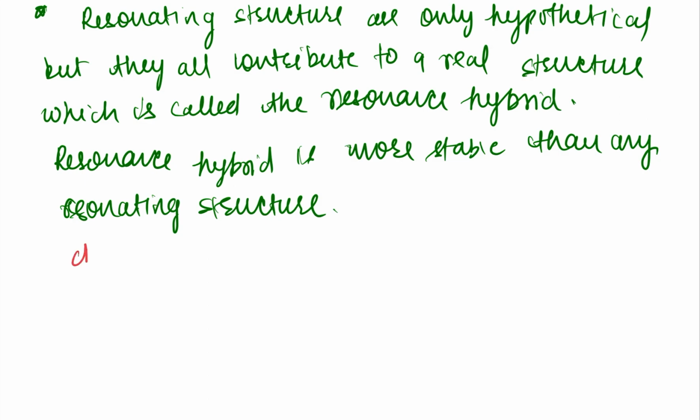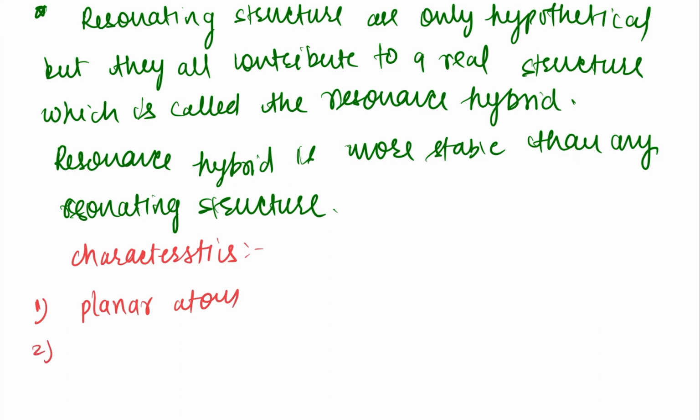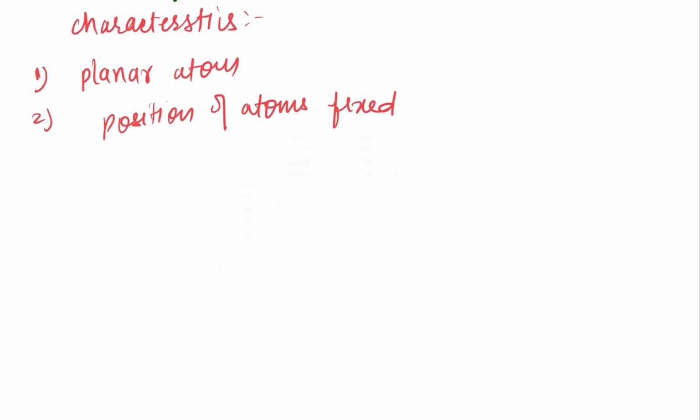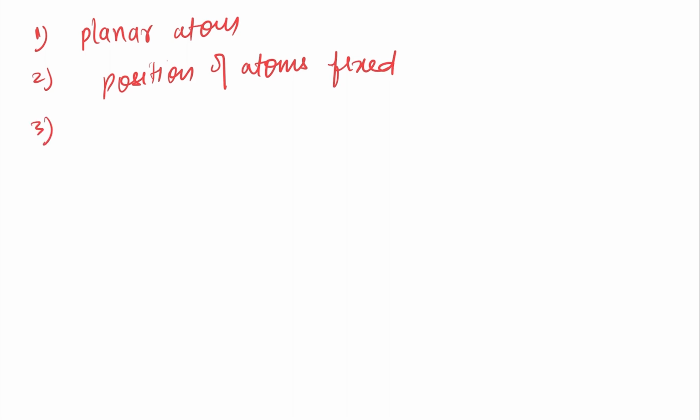So what are the characteristics of resonance? First, the atoms involved should be planar. Second, the positions of atoms are fixed. Here the atoms don't move. Third, the position of sigma bonds is also fixed.